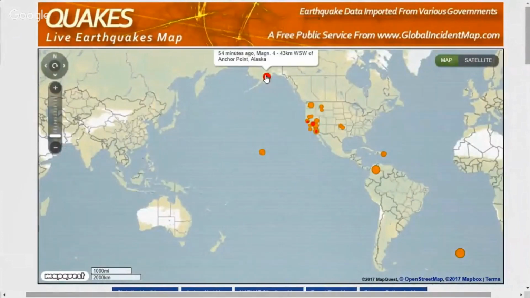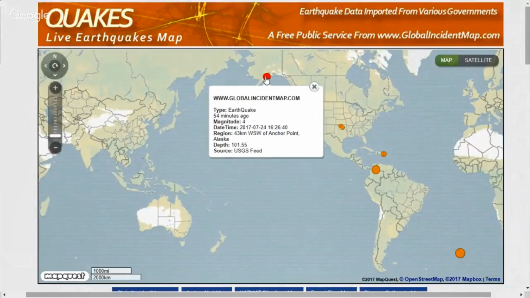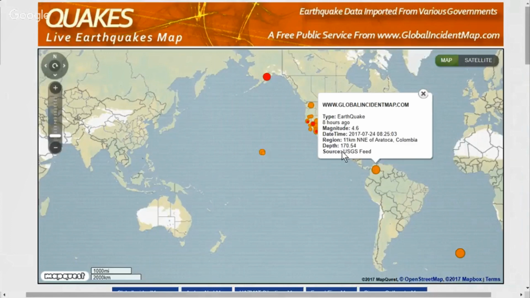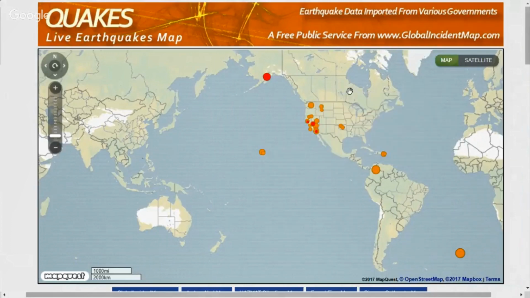Well, we do have some new earthquakes. Oh, that was kind of deep. 101 kilometers. Colombia, magnitude 4.6, very deep, 170 kilometers. Yeah, that's in the mantle.